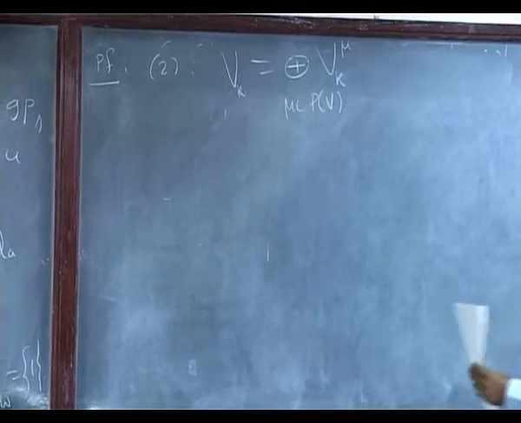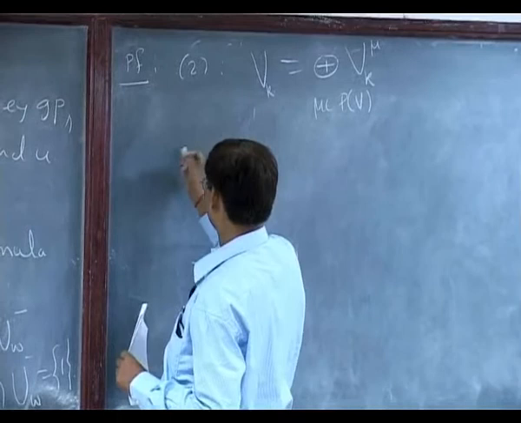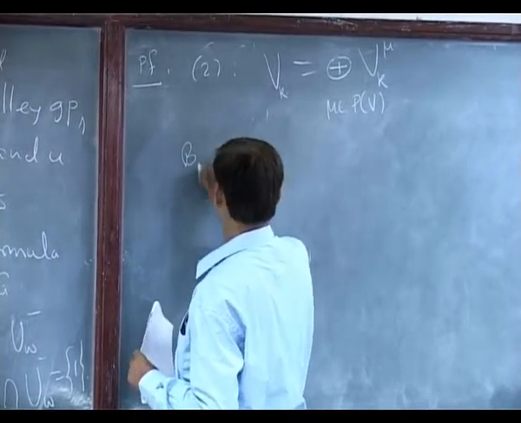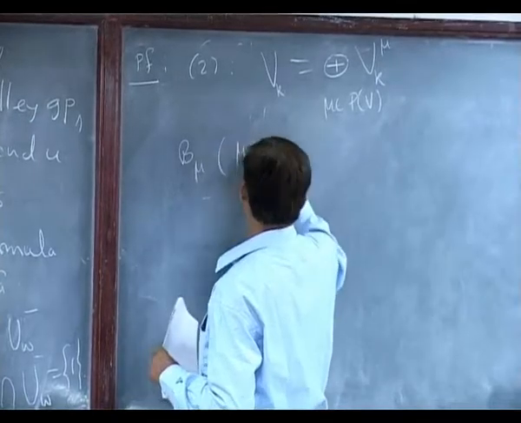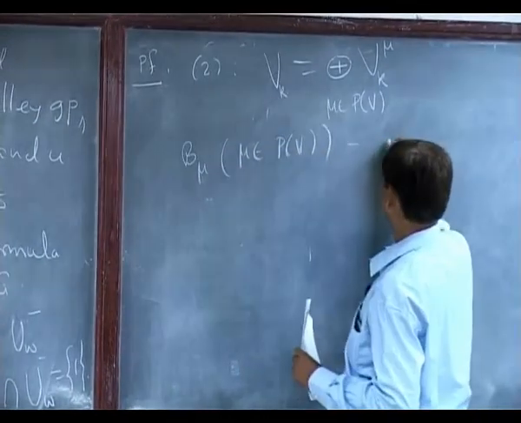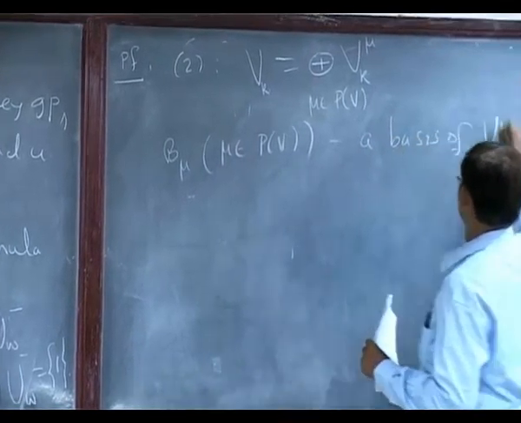So, you consider a basis. Let B_mu, where mu belongs to P(V), be a basis of V_mu.